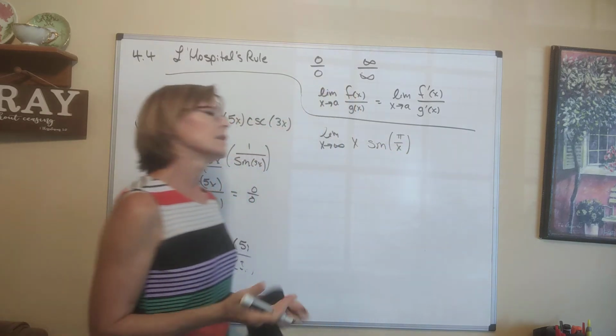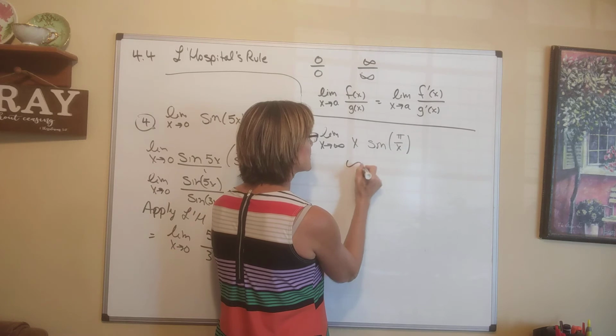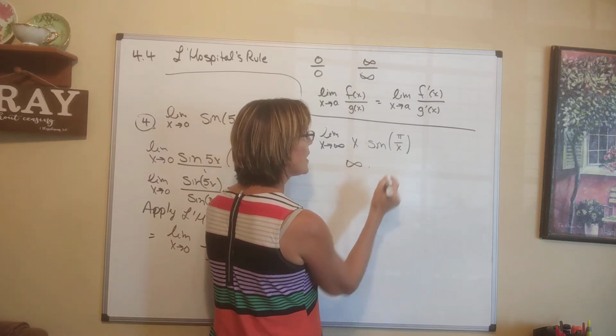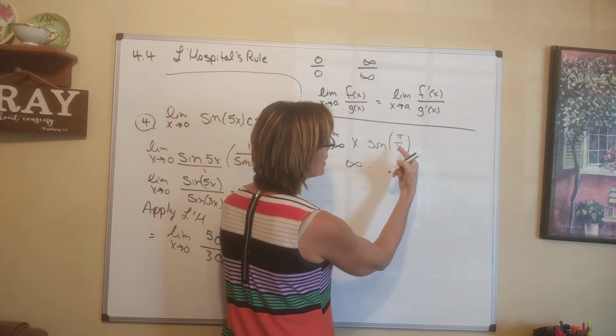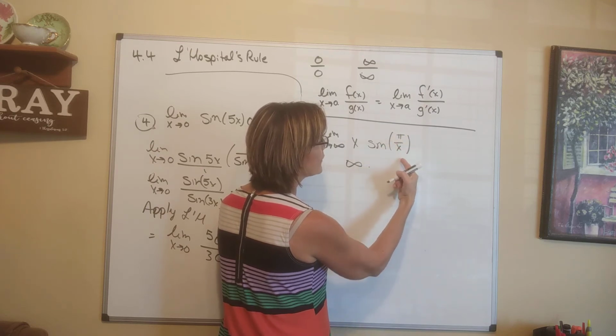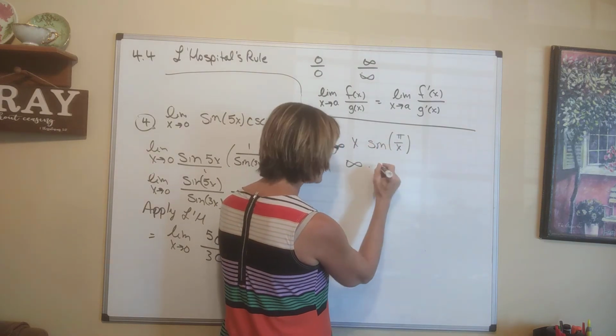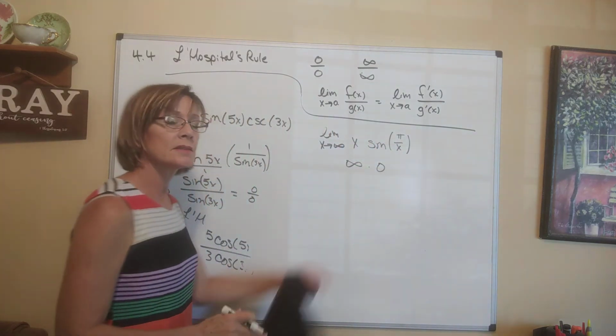Okay. Let's use direct substitution. Infinity goes in for x, infinity. The sine of pi over infinity. Pi over something, a number over infinity is basically a 0. So the sine of 0 is 0. We're looking at this indeterminate form.